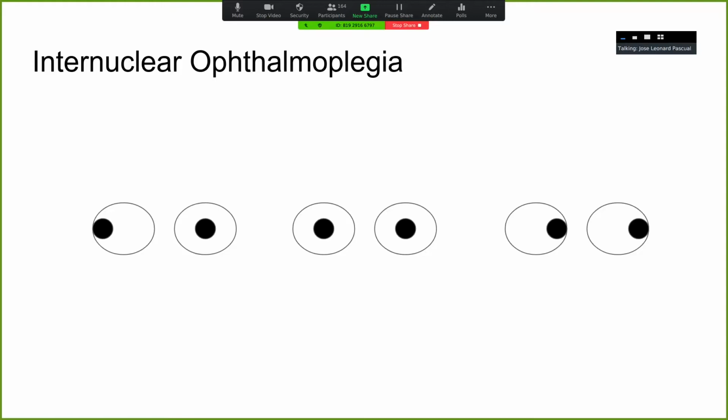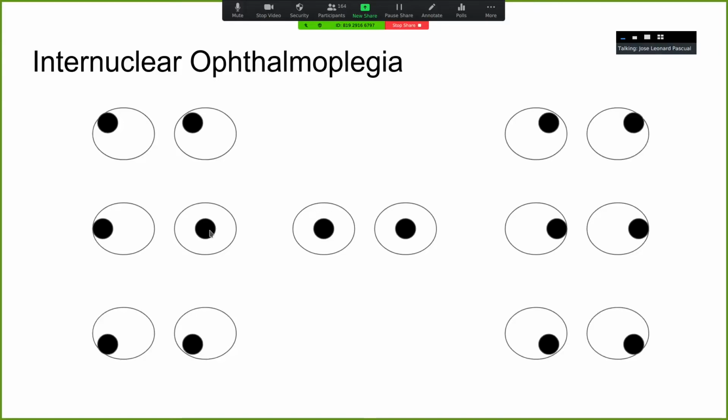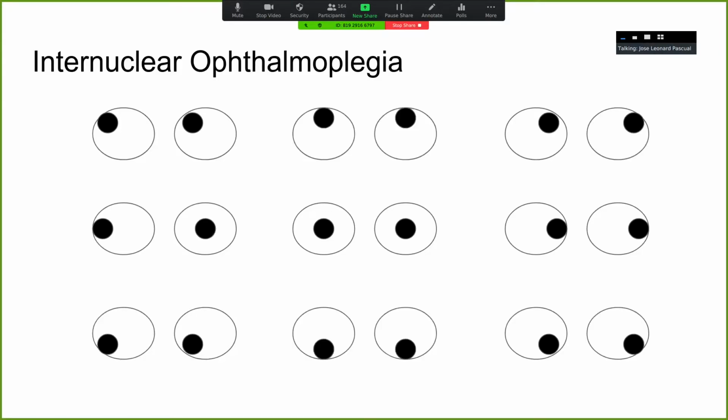And the internuclear ophthalmoplegia I illustrated earlier. On looking to the right, the left eye doesn't follow, and this persisted across the different maneuvers that you did. So this is a simple INO, where the right eye, the right 6 was disconnected from the left third over here.